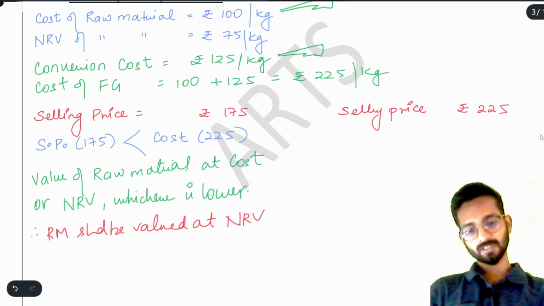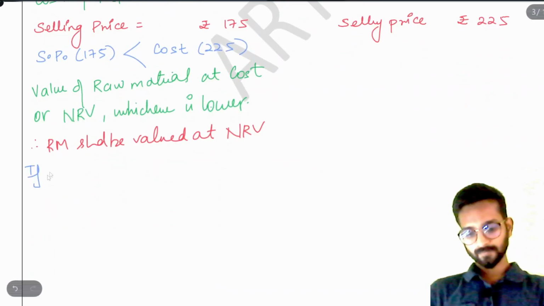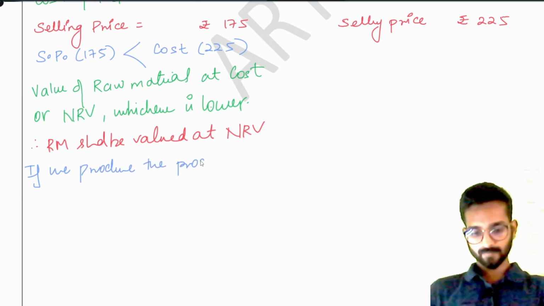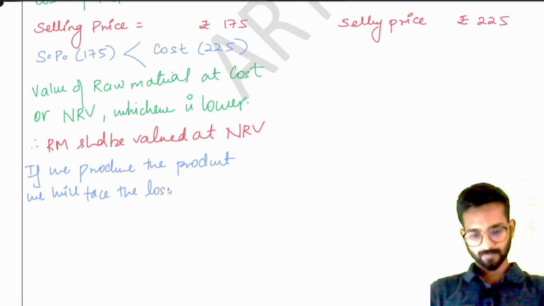Okay. See, we will write a sentence here. If we produce the product, we will face the loss of 225 minus 175, that is rupees 50 per kg.